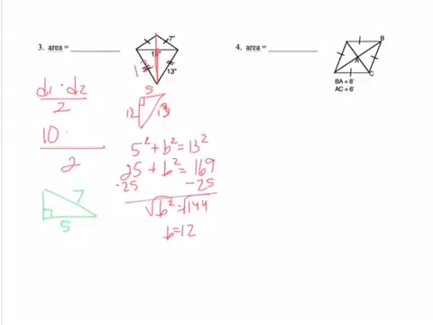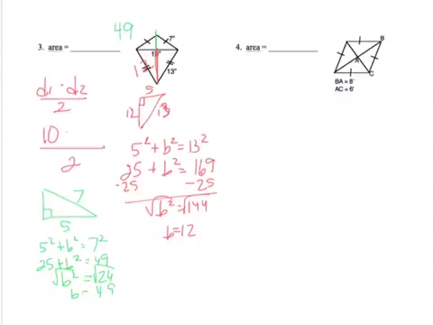So I'm going to say 5 squared plus b squared equals 7 squared. 25 plus b squared equals 49. And then when I subtract 25 from both sides, I get 24. And when I take the square root of 24, b equals 4.9. So this distance right here is 4.9.